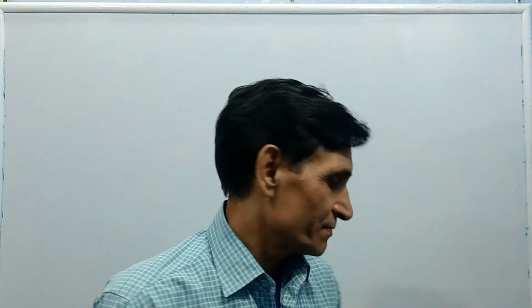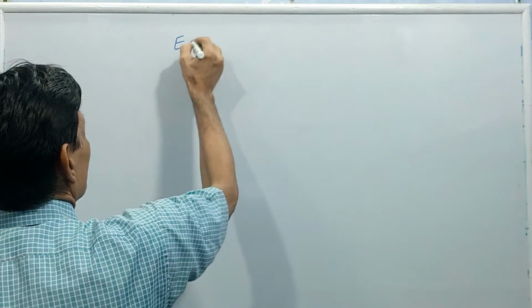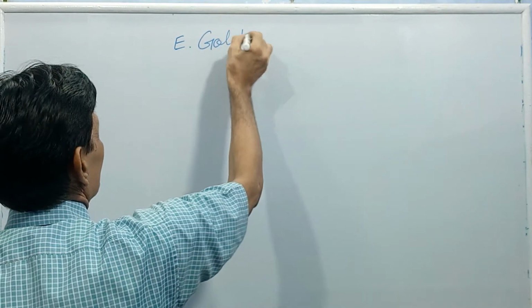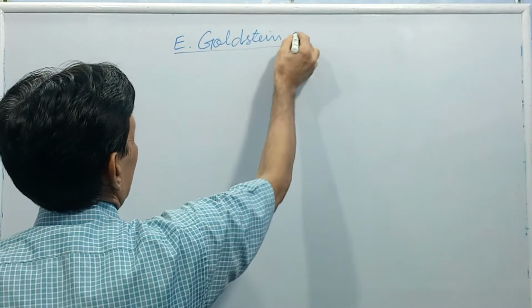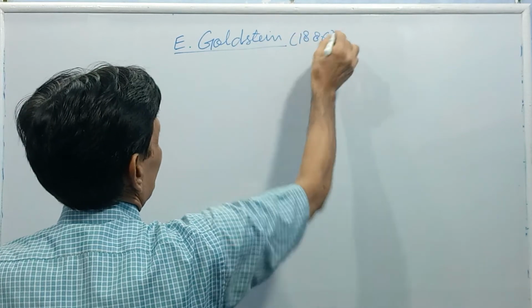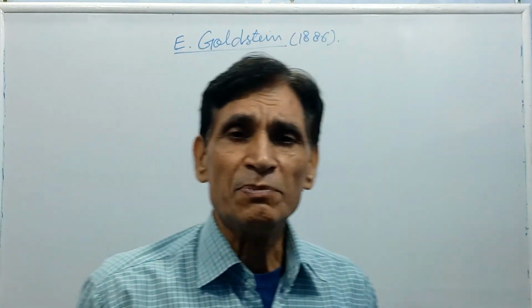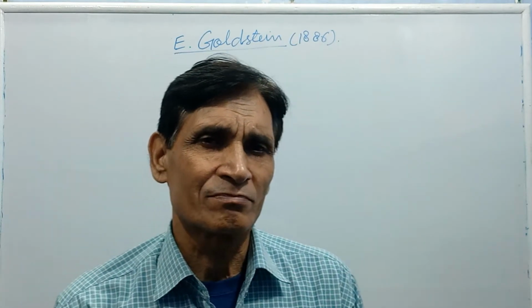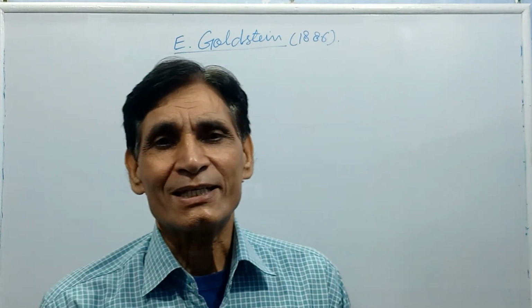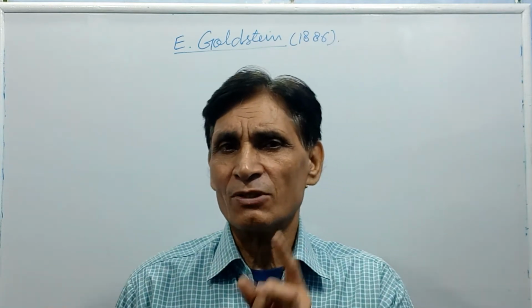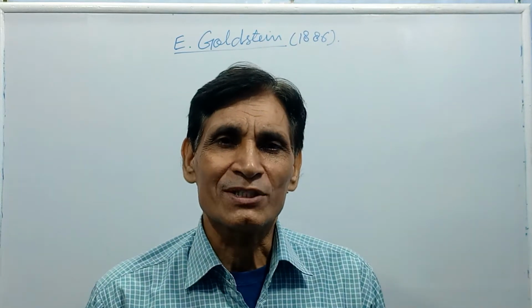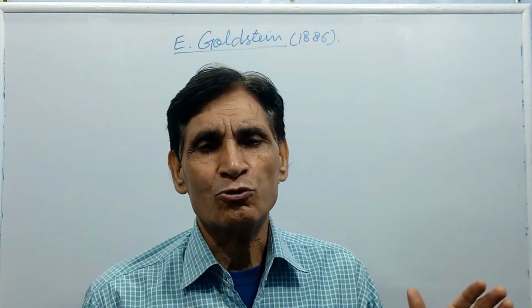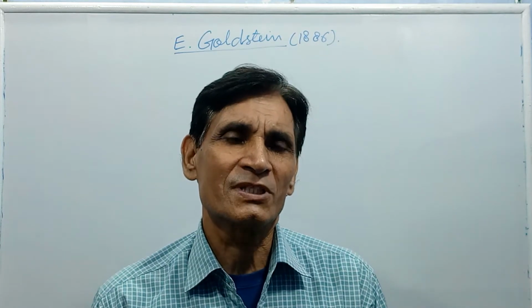E. Goldstein in 1886 repeated the discharge tube experiment in which the cathode was shaped as a disc with one hole in the center, and phosphor was used just behind the cathode on the wall of the discharge tube.